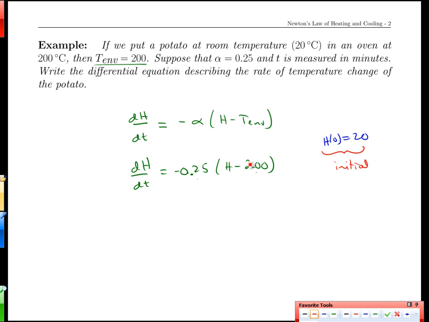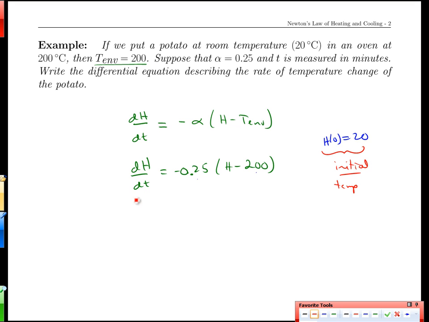Well, hopefully not. The point of putting it in the oven is that it's going to cook. So all we know about the temperature of the potato is that it started at 20 degrees, but it most likely is going to increase from there. So all we know is the initial temperature, but not the overall temperature in the future.